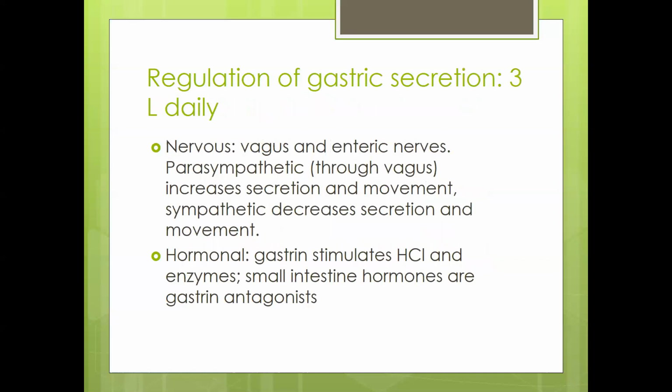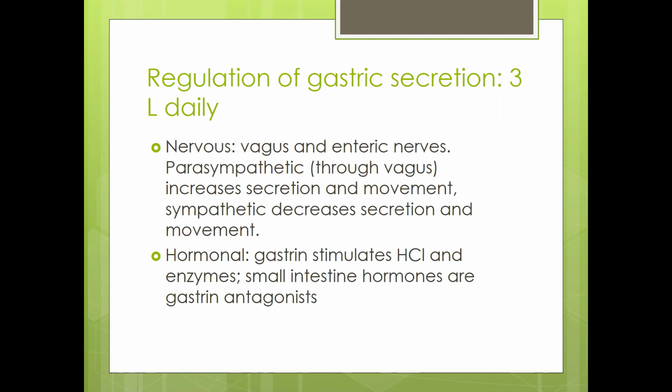All right, so let's talk about regulation of gastric secretion. We don't want to be secreting gastric juice, so hydrochloric acid and everything, when there's not food there. So there need to be some things that get gastric secretion going, and then things that keep it going during the 18 or so hours that we're going to be working on digesting our food from the time that we ingest it.